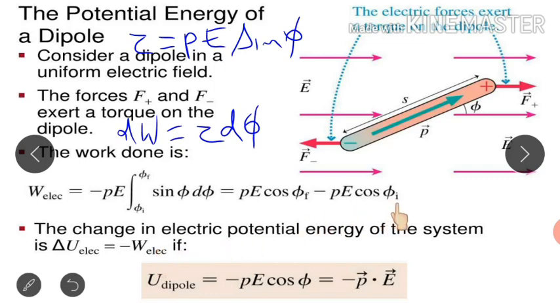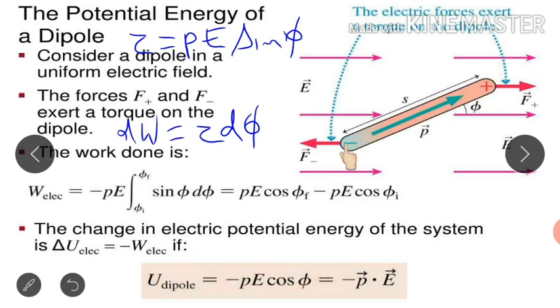Now suppose phi I equals 90 degrees. It means initially the electric dipole is perpendicular to the electric field and then we are rotating it through some angle phi. So in that case, phi I will become 90 degrees, cos 90 will become 0, this term will vanish, and phi f will become phi. Simplify. So finally we'll have this.